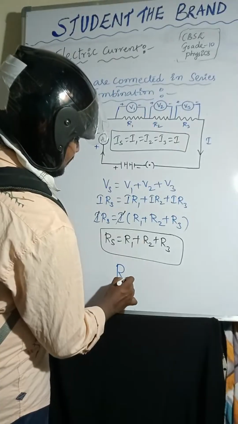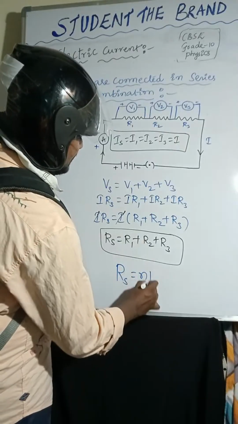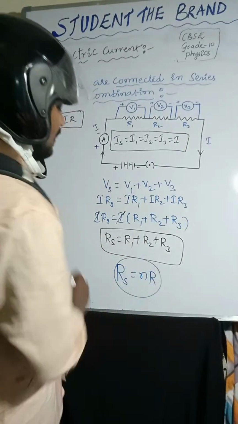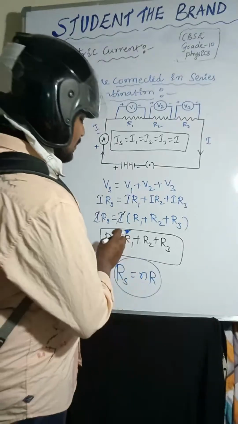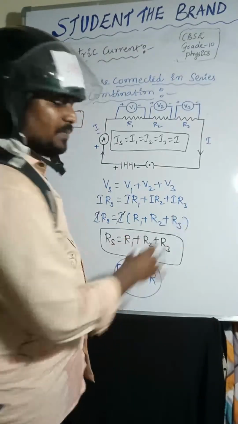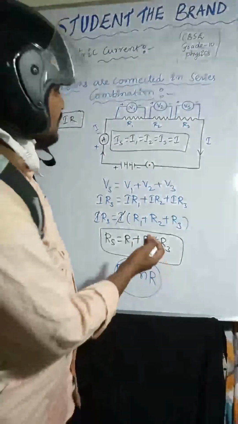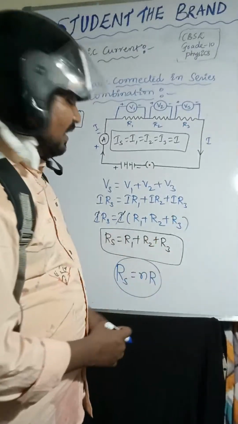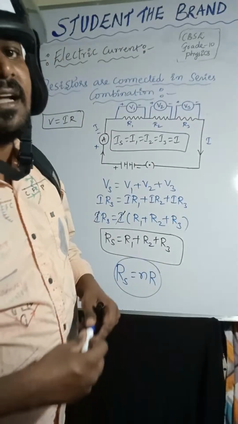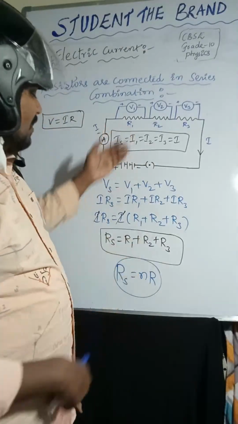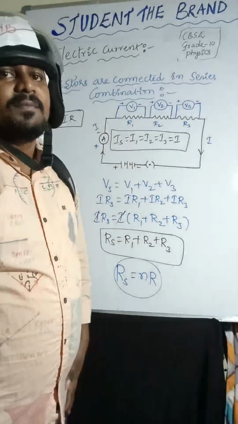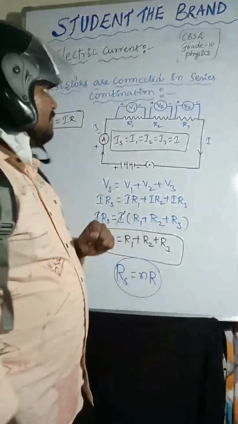Normally Rs equal to R1 plus R2 plus R3, because I am taking only 3 resistors here. If n number of resistors are connected in series combination, Rs equal to nR. So this is the formula.